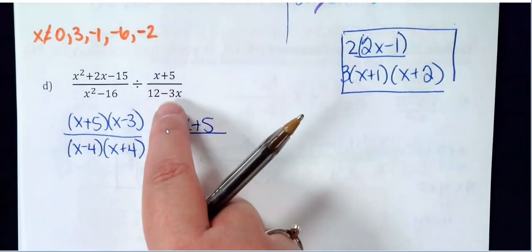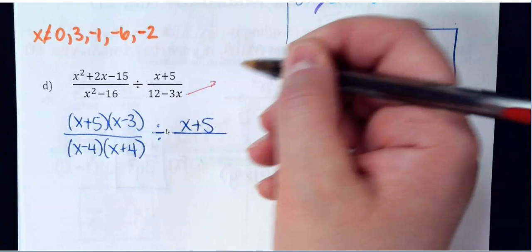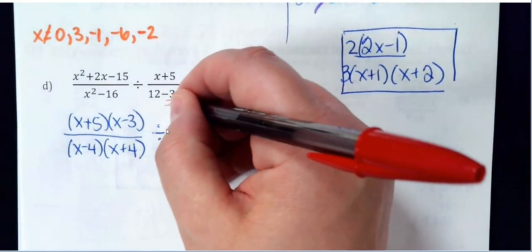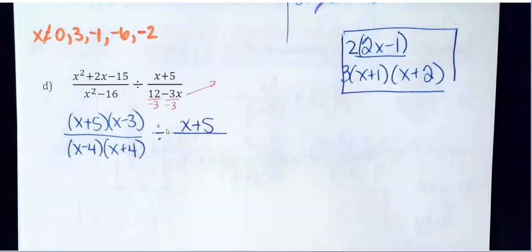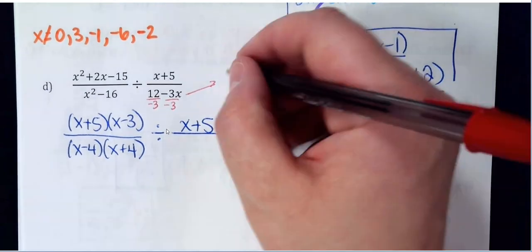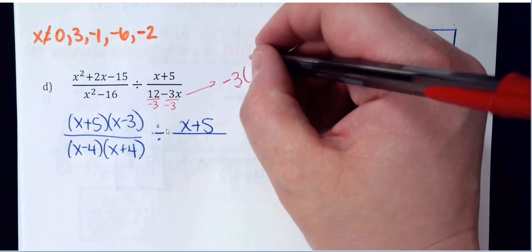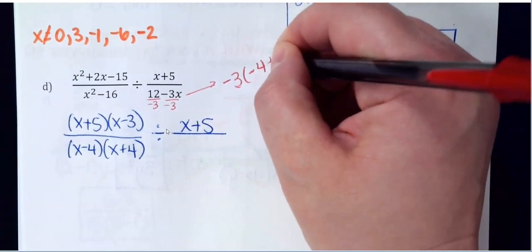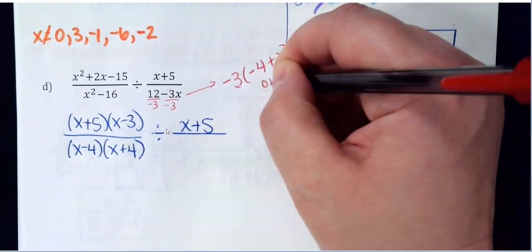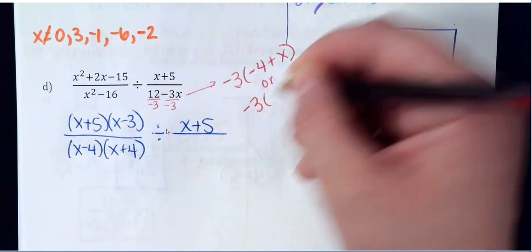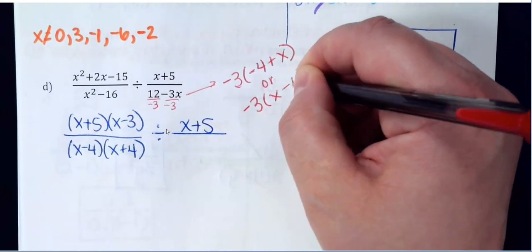Now, in that case, what we could just do real quick, I'm going to take a negative 3 because both of those terms are divisible by 3. I'm just going to take a negative 3 out in front. If I do that, this would become negative 4 plus x, or probably a more comfortable way to write that would be negative 3 times x minus 4.